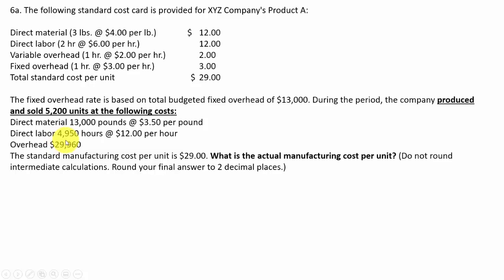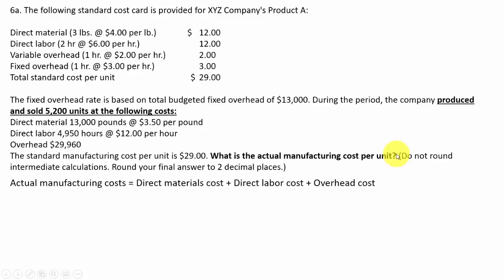And direct labor was 4,950 hours of labor that they actually incurred at $12 per hour. And they actually had overhead of $29,960. And they tell us again, repeating, that the standard manufacturing cost per unit is $29. Well, that's what they told us right up here also. And again, what they want to know is, what is the actual manufacturing cost per unit?